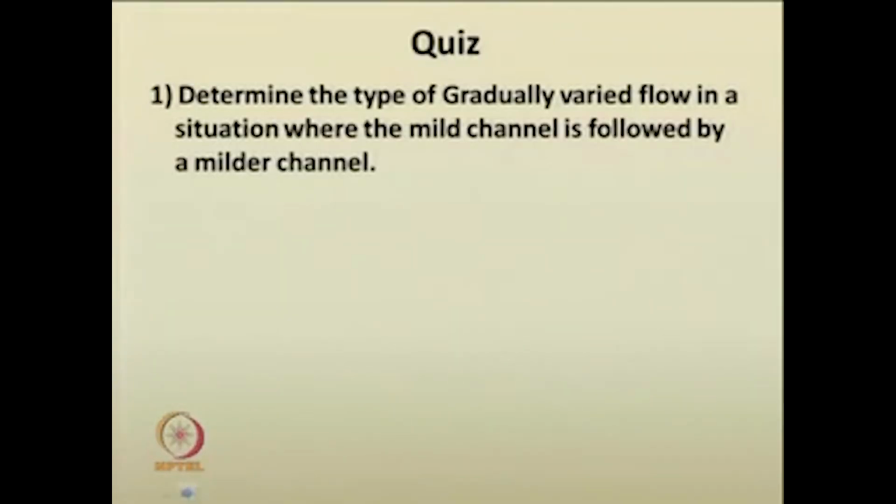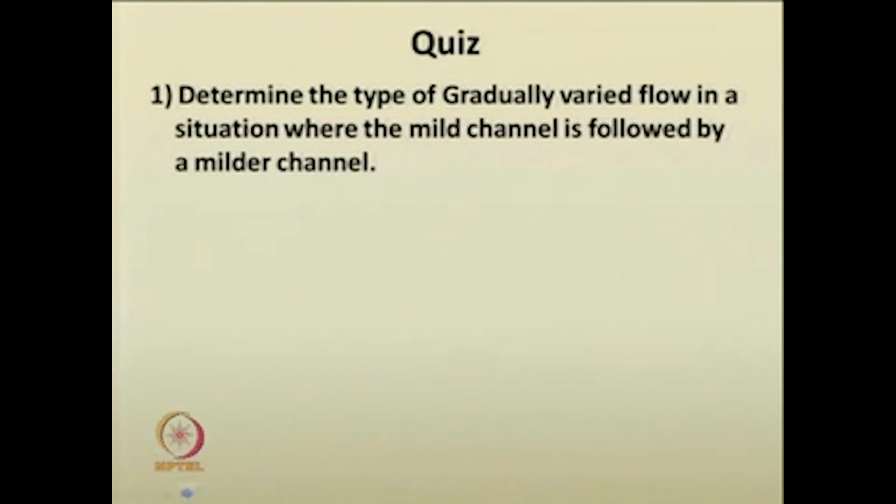So, this way we can conclude today's lecture. The quiz for today's lecture, we can give that. First question: determine the type of gradually varied flow in a situation where the mild channel is followed by a milder channel.